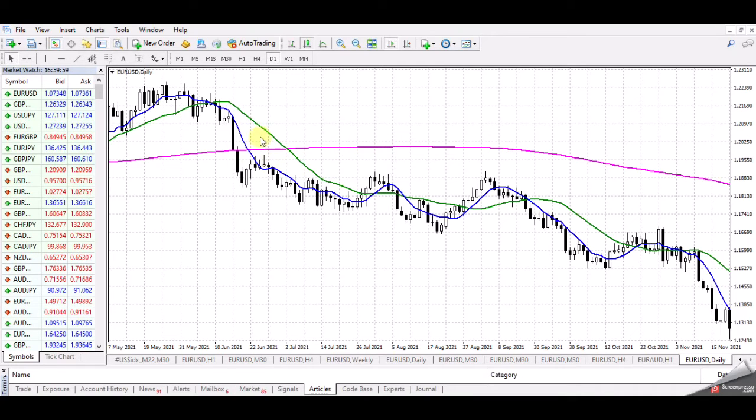The bear market starts and price falls. So if you want to check where the market is going, you have to use the 200 period moving average to separate the bear market from the bull market.